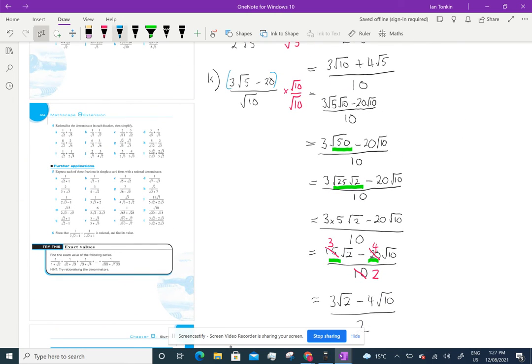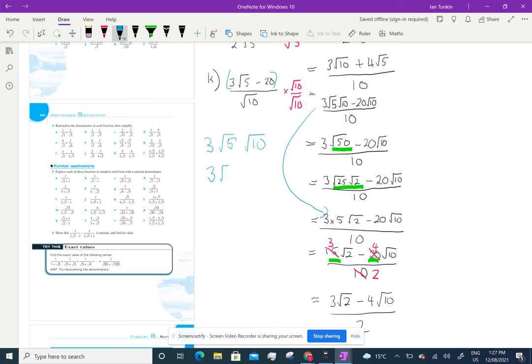Now, I said there was an alternate way to get from this step to that step. And I'm going to write it here. I'm just going to do the 3 root 5 root 10 bit.